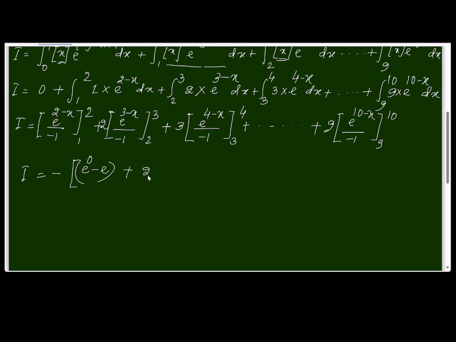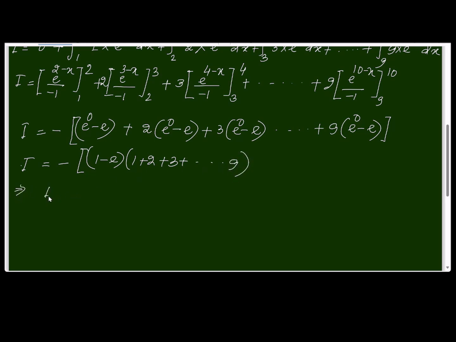Next will be 2 into e to the power 0 minus e, 3 into e to the power 0 minus e, and last will be 9 into e to the power 0 minus e. e to the power 0 is 1, so we get 1 minus e, 1 minus e, 1 minus e as serial terms. I equals negative of 1 minus e, taking it common, times 1 plus 2 plus 3 up to 9.